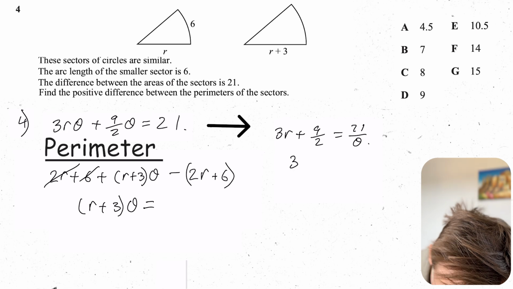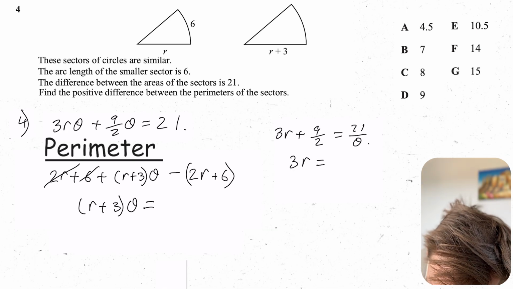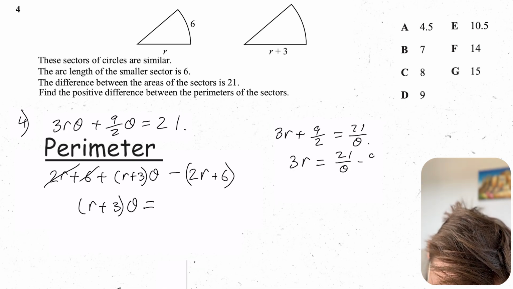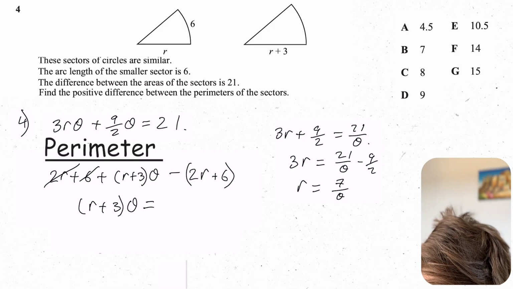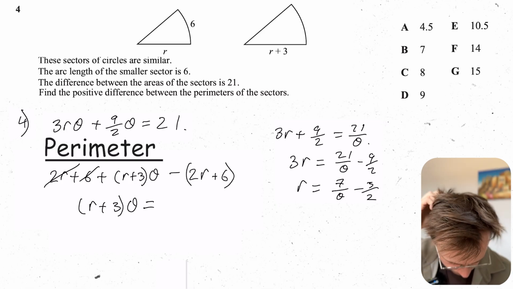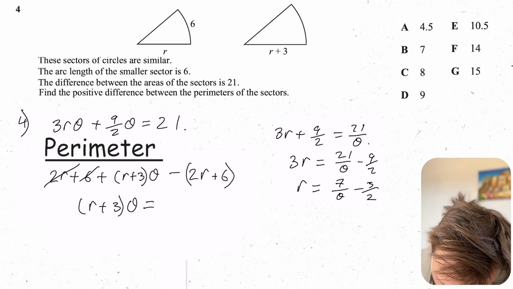Therefore, 3r is equal to 21 over theta minus 9 over 2. r is equal to 7 over theta minus 3 over 2. I think this is going to make a difference.